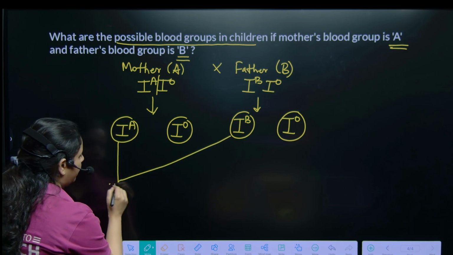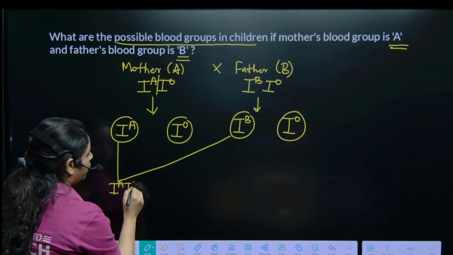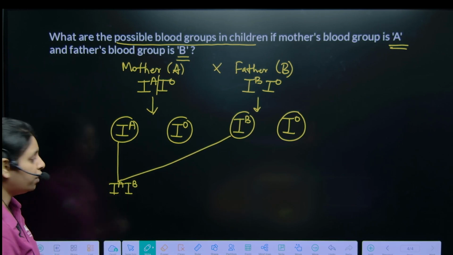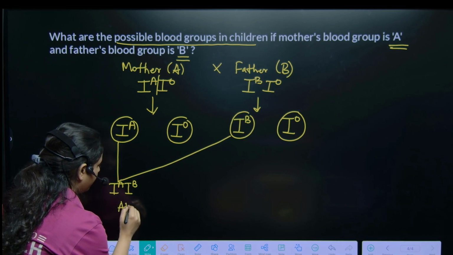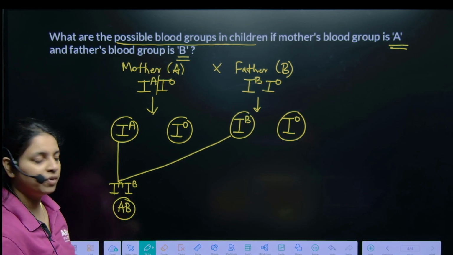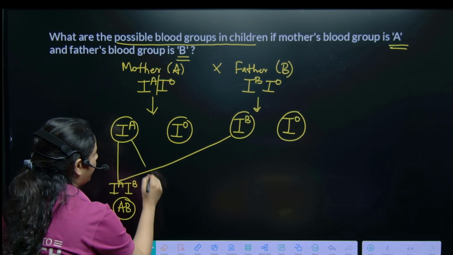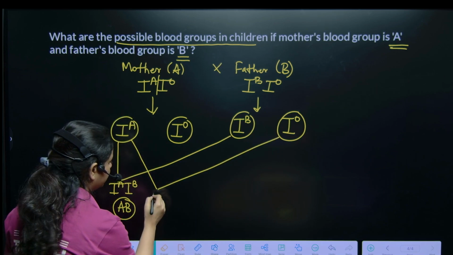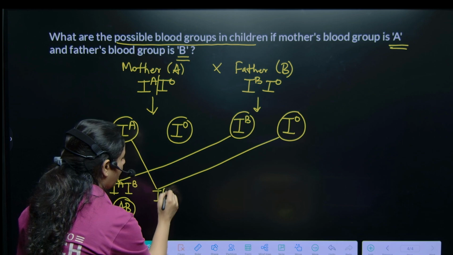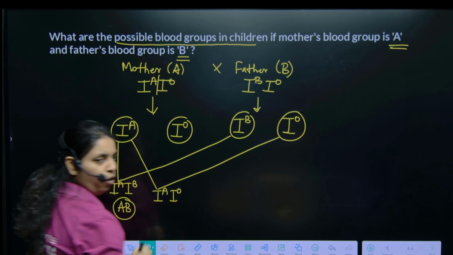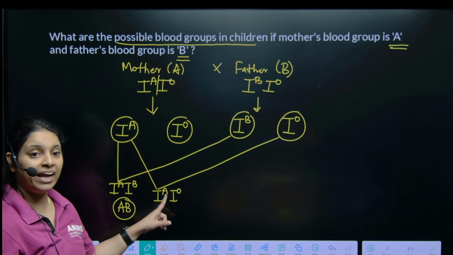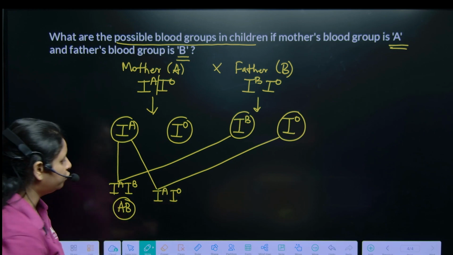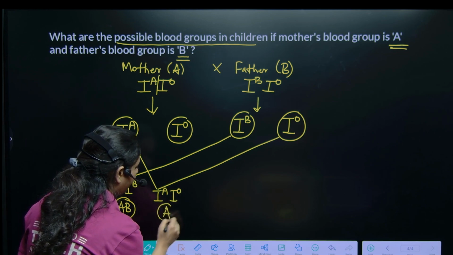We have IAIB. And if the genotype is IAIB, what is the blood group? We have AB blood group, right? Next, if this IA gamete fuses with the IO male gamete, the genotype in offspring is IAIO, and we have studied IA is completely dominating, so the blood group will be A.